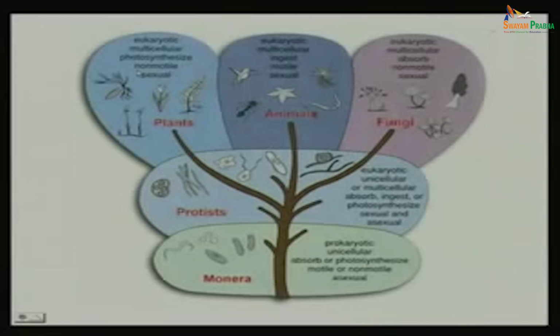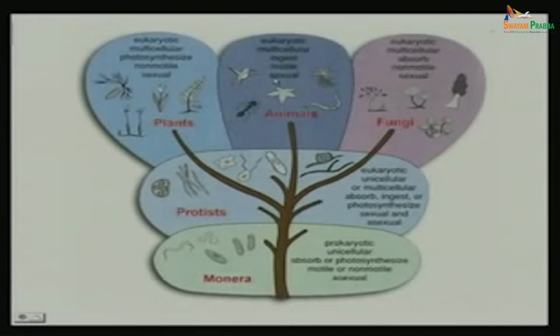It is mainly non-motile and reproduction is by sexual means. Then coming to the animal world, it is the eukaryotic multicellular organism. It mainly ingests the food and it is motile in nature, and reproduction is through sexual means.